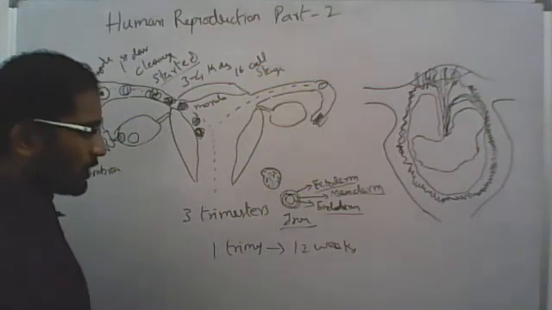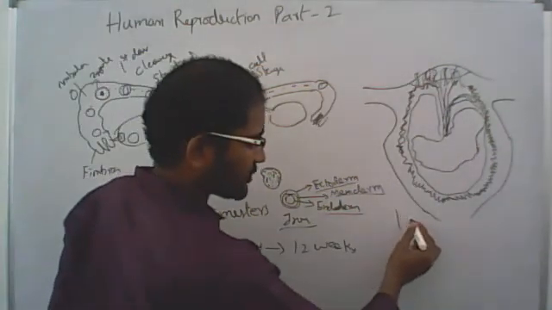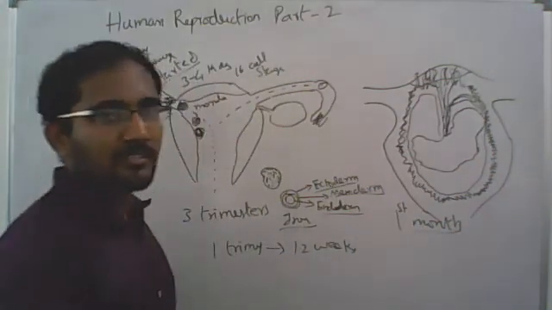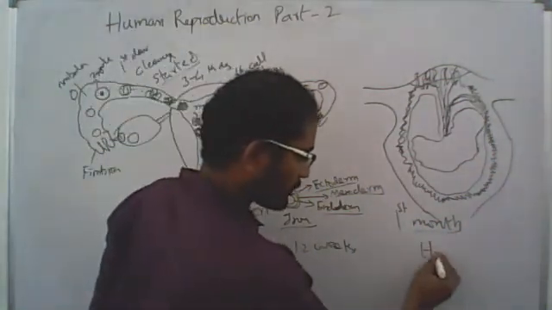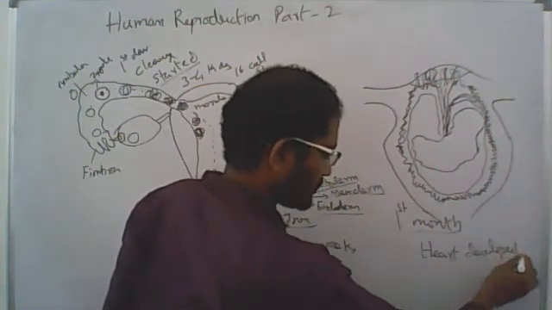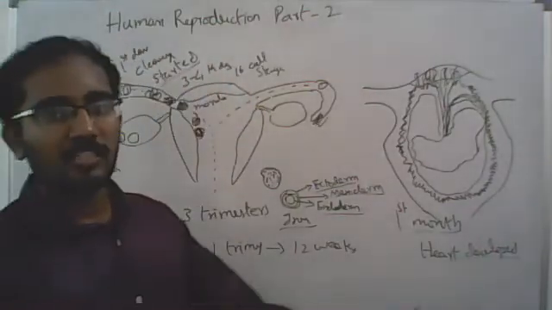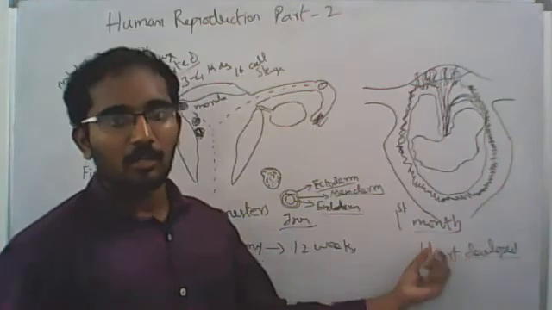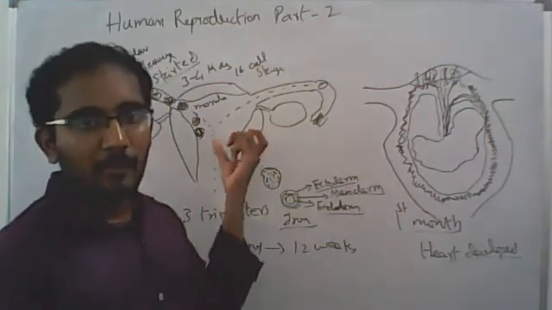Okay. So at the end of the first month, the heart has almost developed. So at that time, in the first month, we can hear the heart sound of the developing embryo.